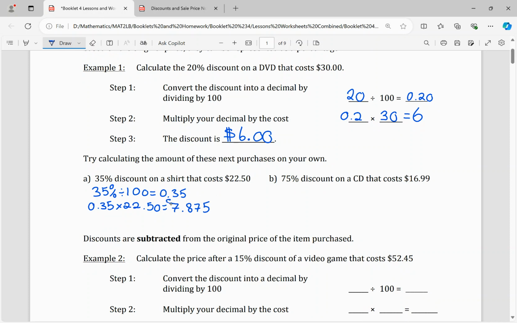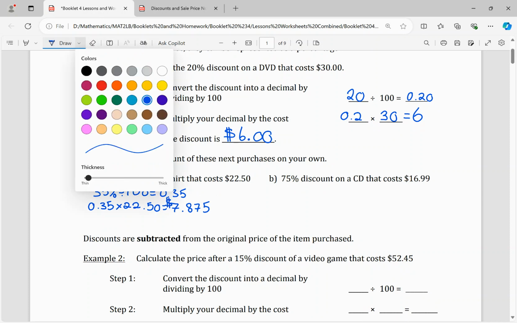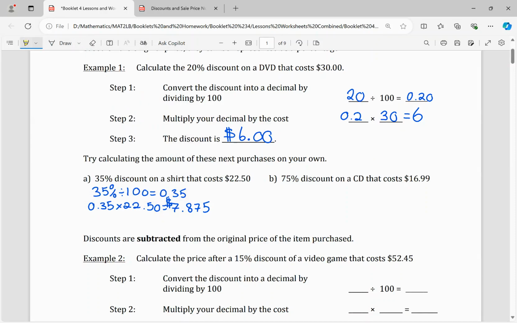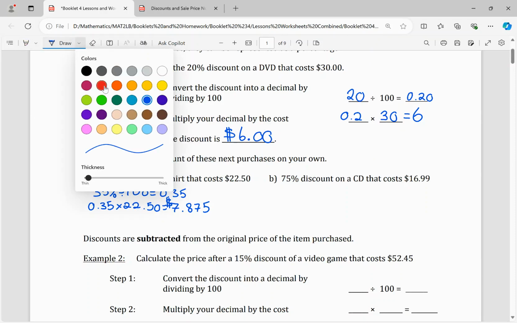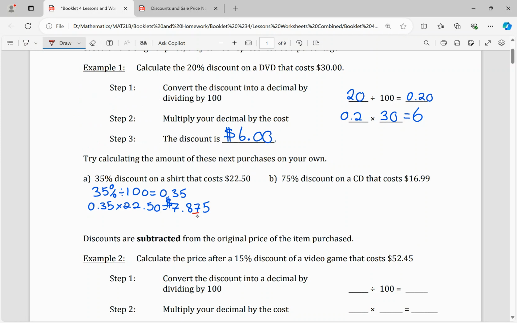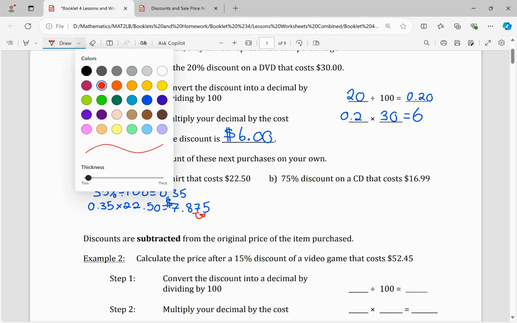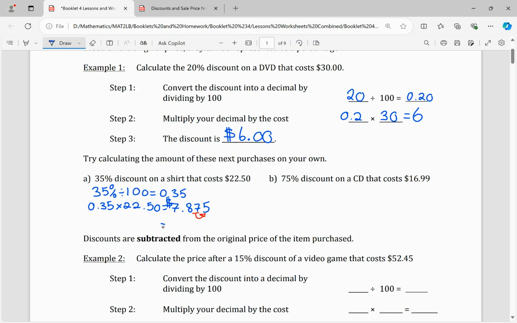Now, please remember that this is money, and when dealing with money, we only want 2 decimals. So we're going to round the second decimal, the 7, using the 5. That tells the 7 to round up. And we have a discount of $7.88. Again, that's not how much we're paying, that's how much we're saving.